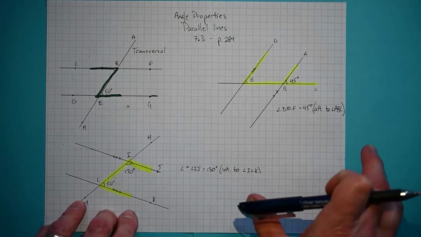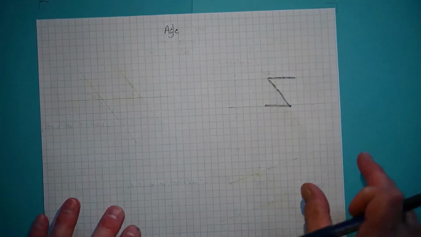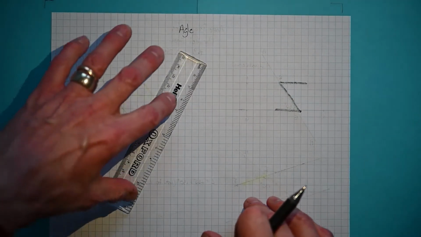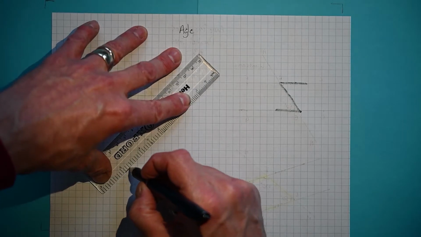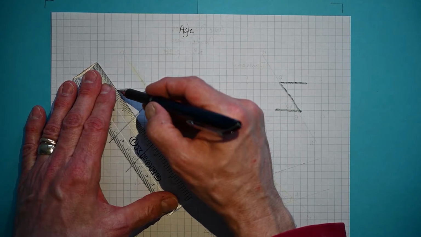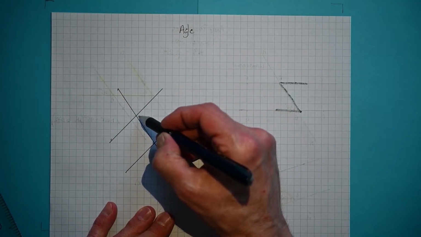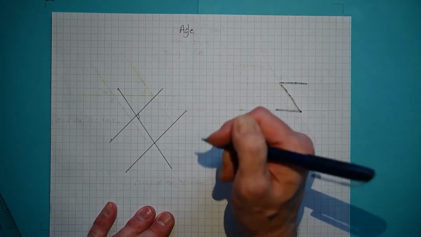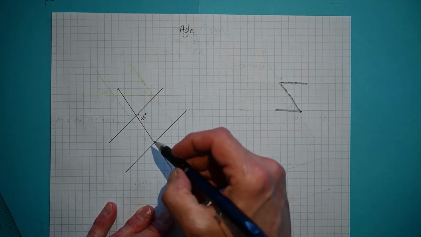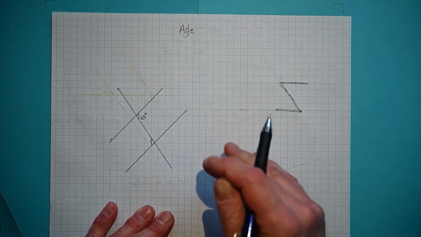Now, they're not always quite as pretty and obvious as some of these have been drawn. So let me give you an example. I might have parallel lines here and a transversal. But I might be looking at, for instance, this angle. A little bit greater than 90, let's call it 95 degrees. And let's say that I needed to find the value of this angle over here.